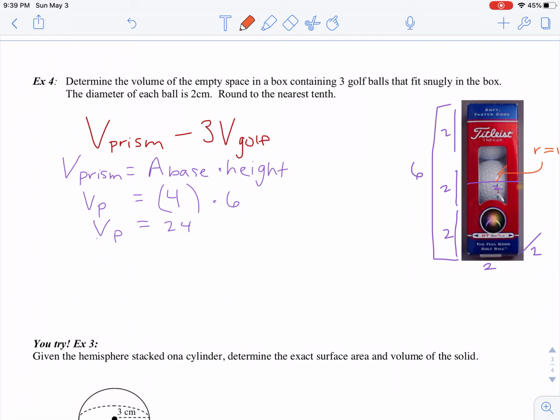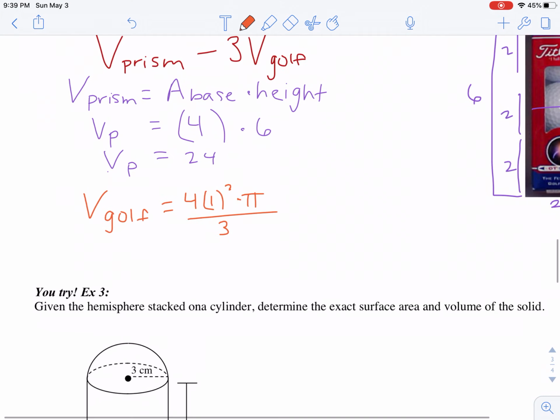Now I know my volume formula for a sphere, which I'll call the golf ball because that's what I called it before, is 4 times the radius cubed, so 1 cubed, times pi, divided by 3, which gives me 4 pi over 3. So that's the volume of my golf ball.